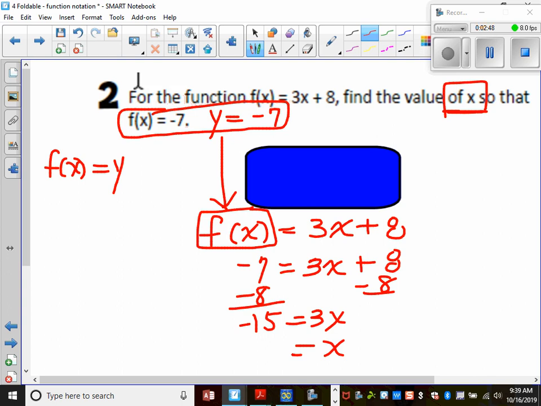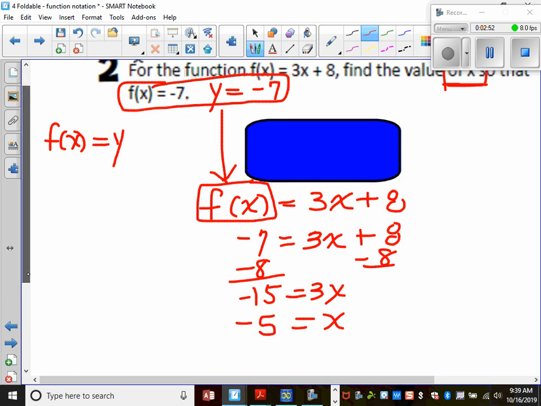So x equals negative 5. If I write this as a coordinate, I'm going to put my x first, which is negative 5, and my y, which they gave me in the problem, was negative 7. Another name for y is f of x. All right, moving on.